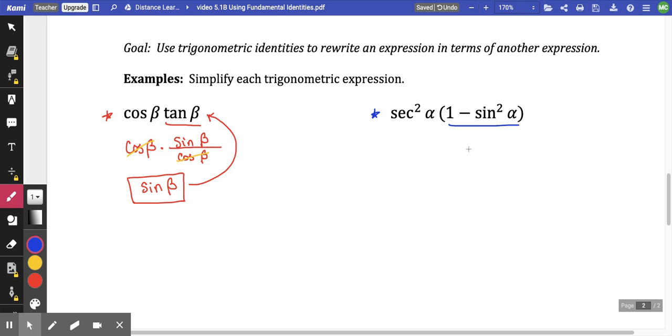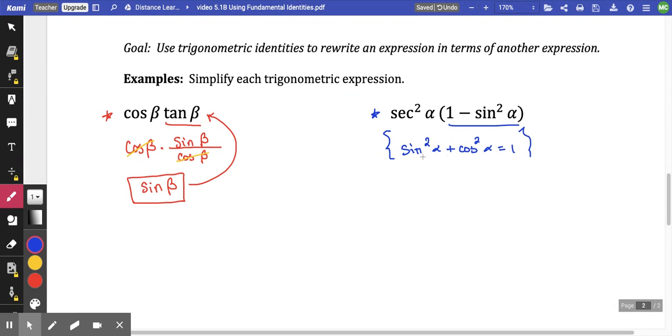This is going to be a little aside, so this is not actually part of the work here. It sounds to me like sine squared alpha plus cosine squared alpha equals 1. That original Pythagorean identity.